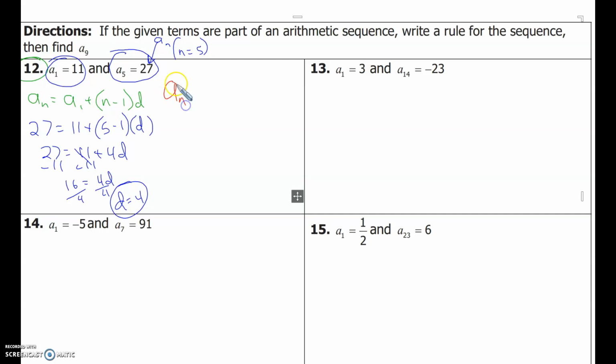A sub n equals the first term 11 plus n minus 1 of the common difference, and the common difference is 4. Now, if you want, you can simplify. I'm okay with that for an answer for that part. Then it says find a sub 9. So a sub 9, the ninth term, is the first term plus 8 of the common differences. So we have 11 plus 32, which is 43.